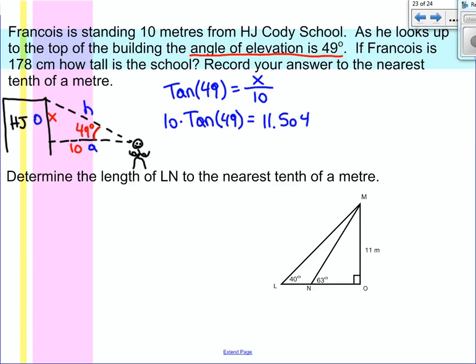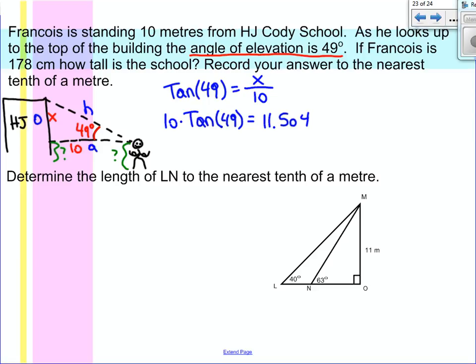Alright, 11.504 isn't our final answer. And the reason why is we measured how tall the school was from his eye level. What we didn't measure was all of this. We have to add on to the fact that Francois is 178 centimeters tall.